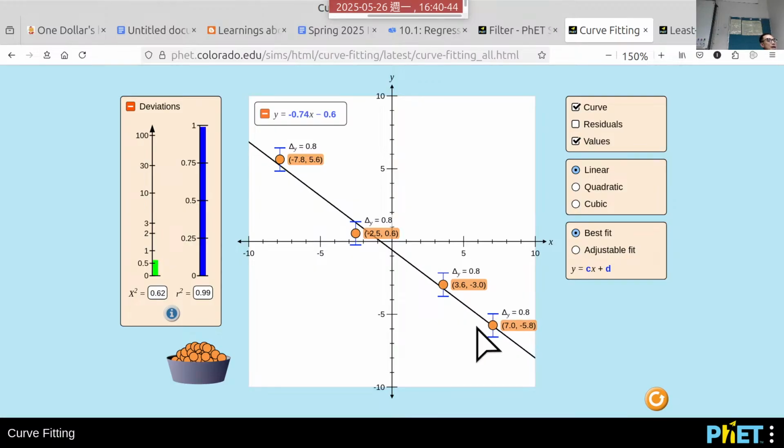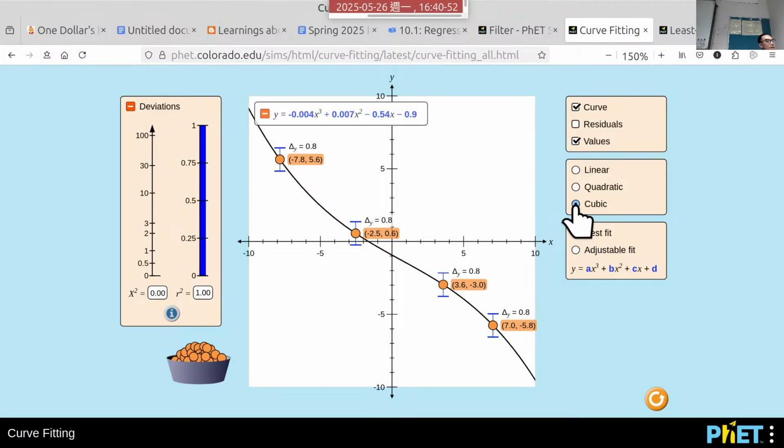And sure, you can select something like quadratic or cubic. When we select cubic, because 3 points can determine a cubic, to the power of 3, it's a 100% fit.